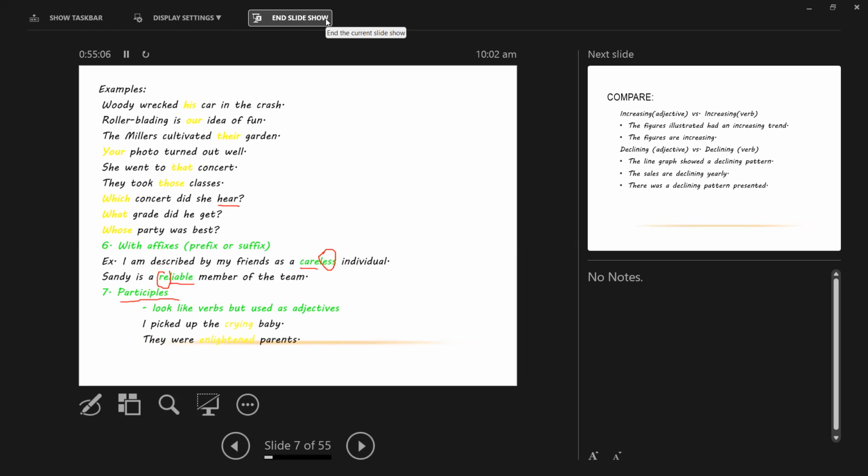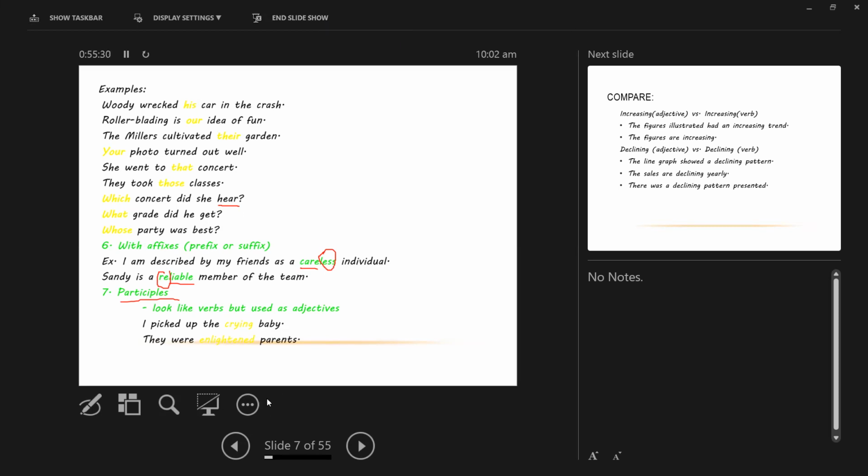So mamaya, makakita kayo ng more examples, but differentiate ninyo yung adjective sa verb. You will find out that even if it has the same spelling, the same specific word can be used as an adjective, and it can also be used as a verb.